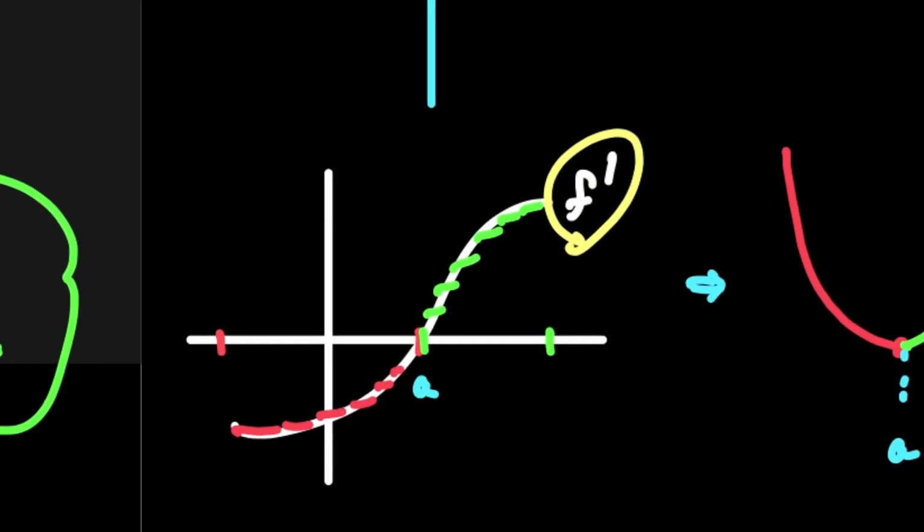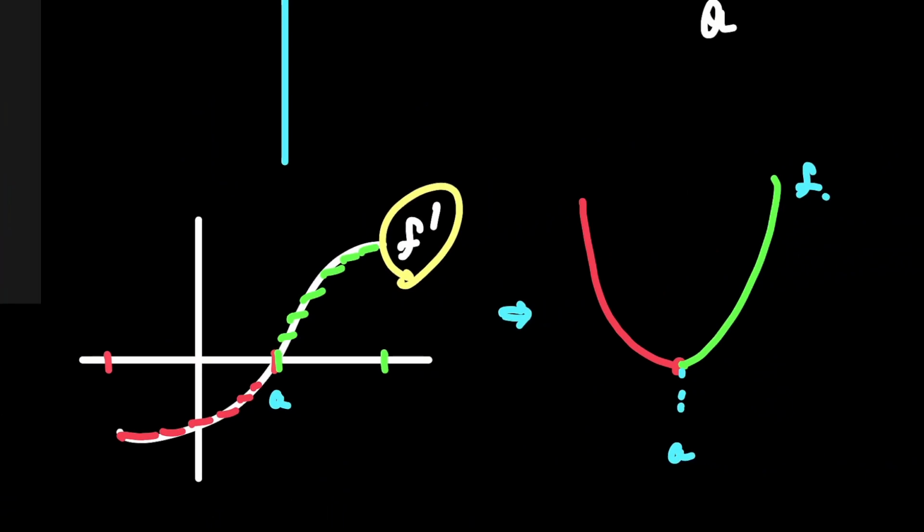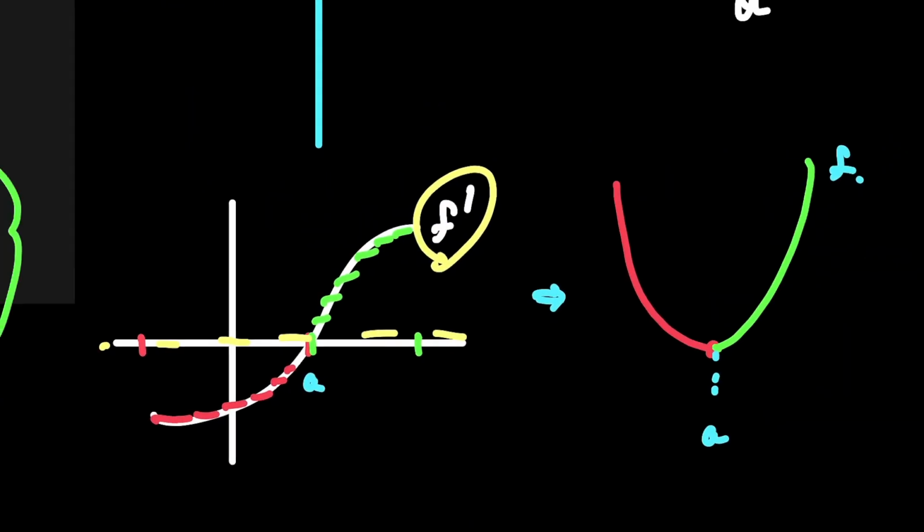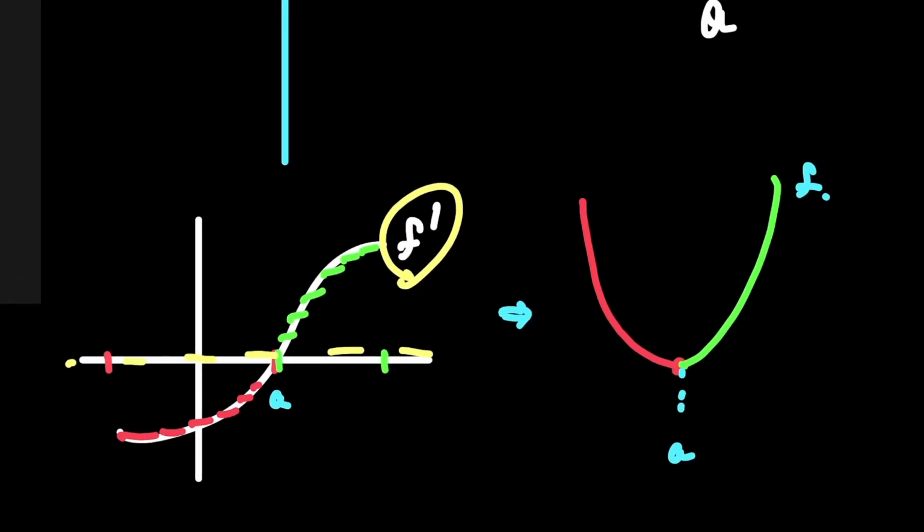So if the output of this function, f prime, the slope of the tangent line, is above y equals 0, that means that f must be increasing. And just the opposite if it's underneath the x-axis, then f must be decreasing.